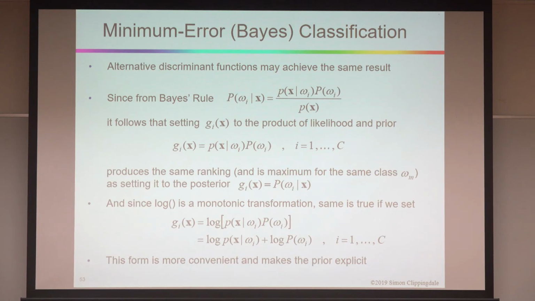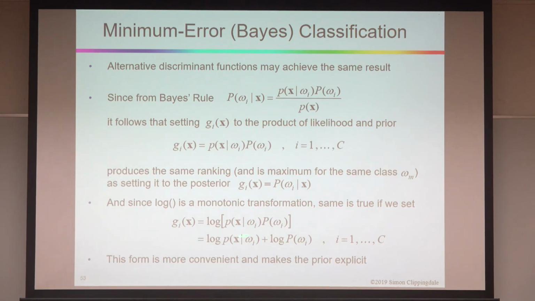This is more convenient usually, so people tend to use this form. It also separates the likelihood, the dependency of the data on which class it comes from, and the prior probability of each class.